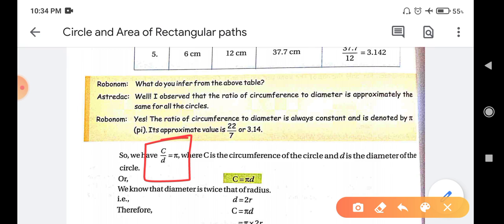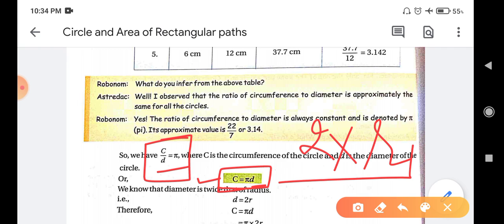Now we can solve it: transpose D to the right hand side to find the circumference of the circle. So circumference of the circle will be equal to pi into D, where D is the diameter. The value of D is 2 into r, that is 2 multiplied by radius.